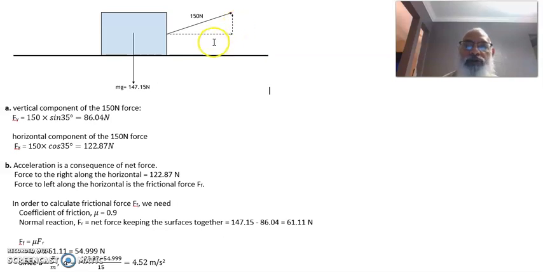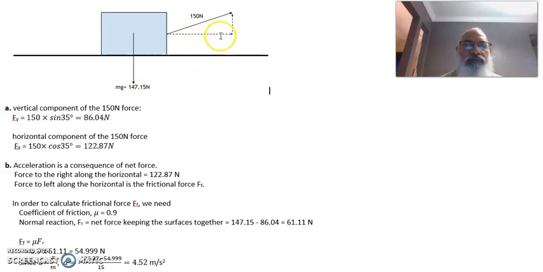And then I have drawn these two dotted lines to indicate the vertical component of this force and the horizontal component of the force. The vertical component we're going to call Fy and the horizontal component Fx.